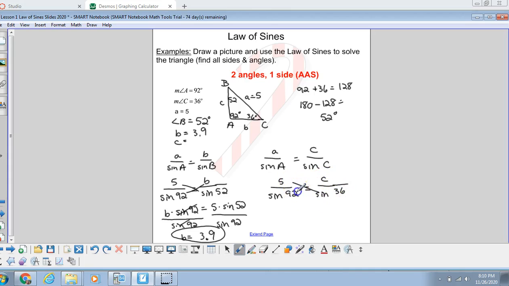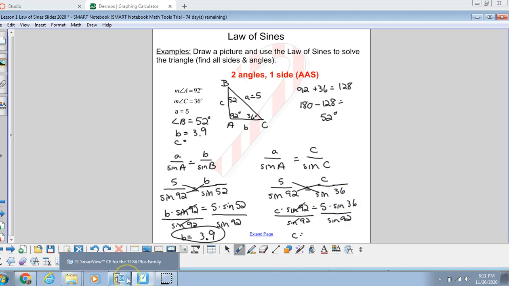So again, we will cross multiply. We will have C times the sine of 92 is equal to 5 times the sine of 36. Divide by the sine of 92. This cancels out, and we have C equals 5 times the sine of 36 divided by the sine of 92.